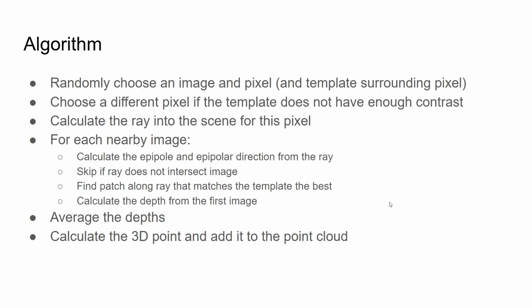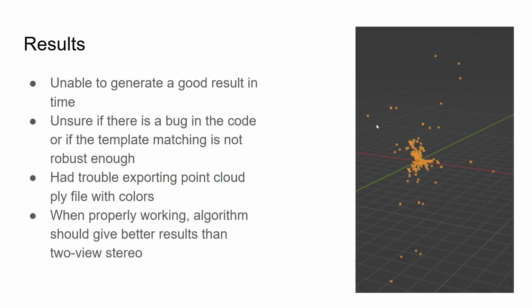To compare the template to the patch, you subtract them, square that, and sum it to get the distance. The smallest distance is the best match. I'm not sure if that metric is not robust enough and it's finding incorrect matches, or maybe it's something else.